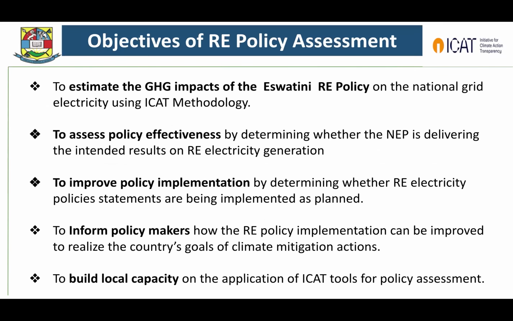So the objectives of the renewable energy policy assessment was to estimate the GHG impact of Eswatini's renewable energy policy, to assess the policy efficiency by determining whether the national energy policy is delivering the intended results on the renewable energy electricity generation, and to improve policy implementation by determining whether the electricity policy statements are being implemented as planned, and then to also inform policymakers how the renewable energy policy implementation can be improved.